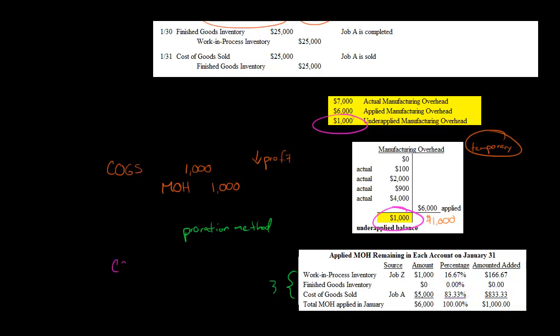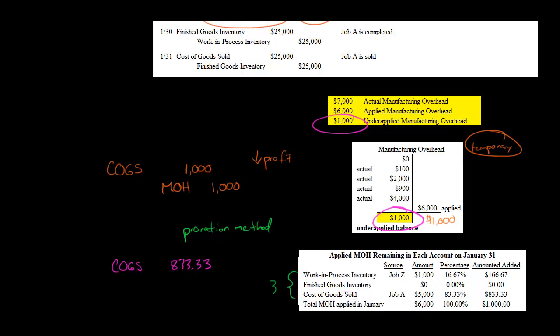Okay, so let's take cost of goods sold, and we're going to take $833.33. Okay, now why 833.33? Because we are saying, look, of all the overhead that we applied during the period, 83.33% was sent to cost of goods sold by the end of the period.